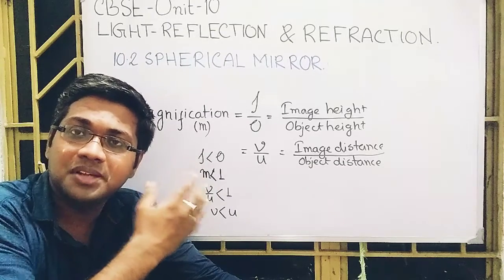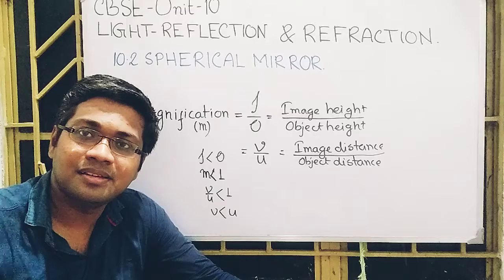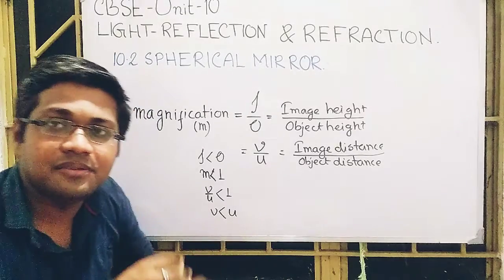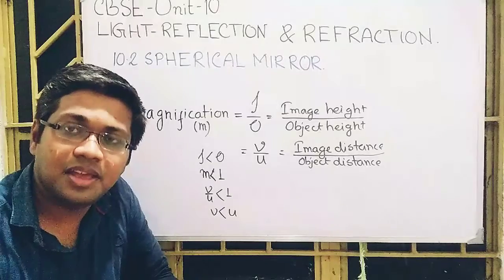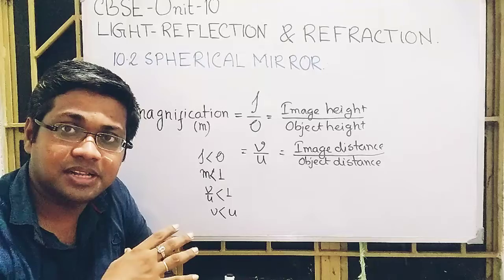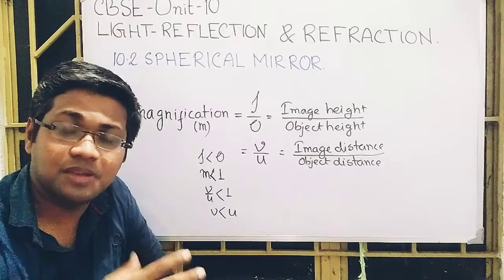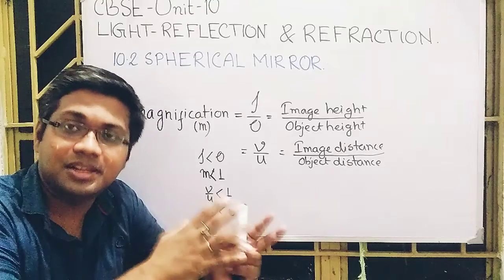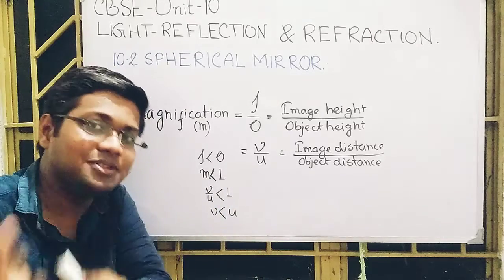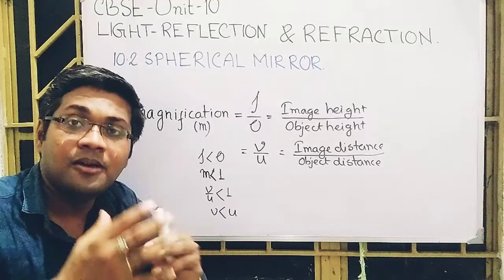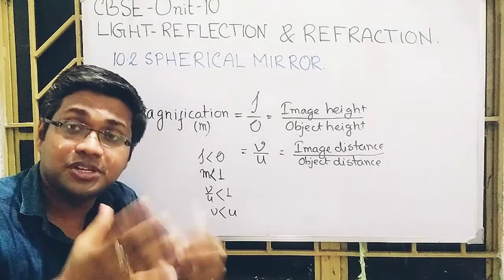So it gives us lots of information. Now if I use the sign conventions, then magnification gives us lots of information. Okay, obviously we will discuss this after drawing the images, after we draw the different images for different positions of the object.